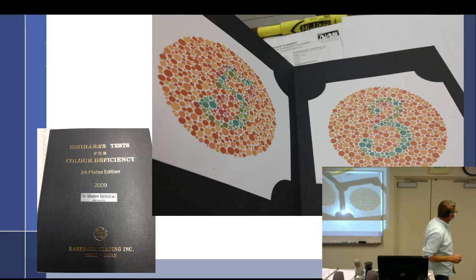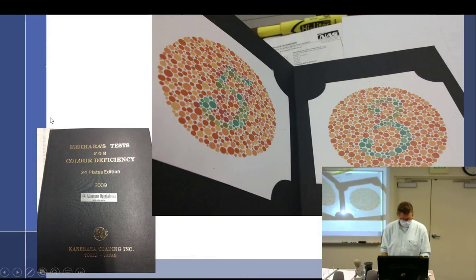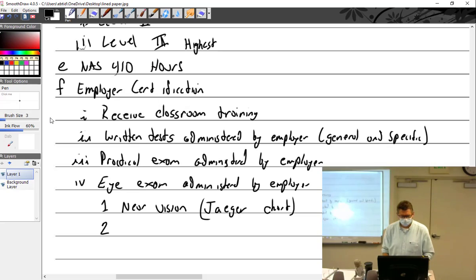It's obviously a 5 and a 3. So you've got an Ishihara test. Near vision and color.